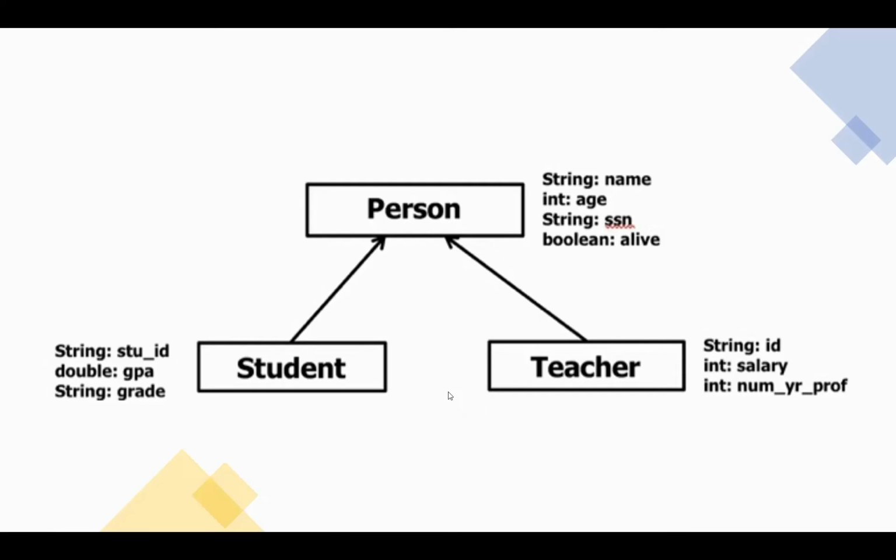This approach shows the power of inheritance in object-oriented programming, and it allows for a more organized, scalable, and maintainable code base. You can easily add new types of people to the system by creating new derived classes, and any changes to the person class automatically reflect in all its subclasses, ensuring consistency and reducing the chances of errors.